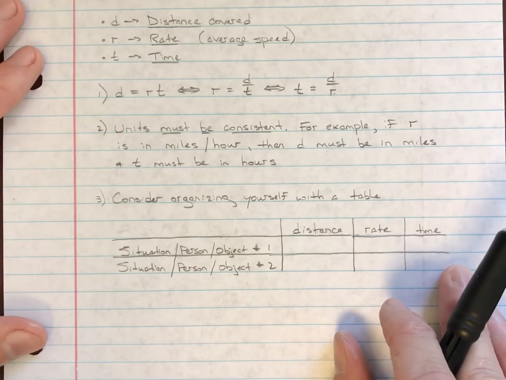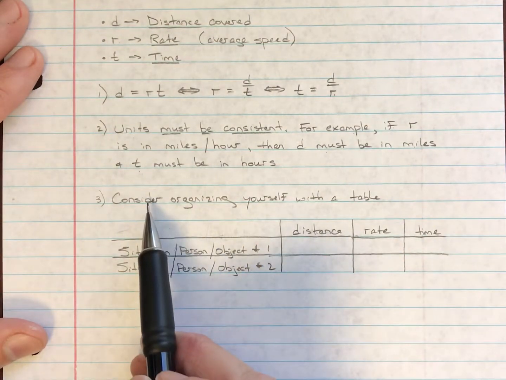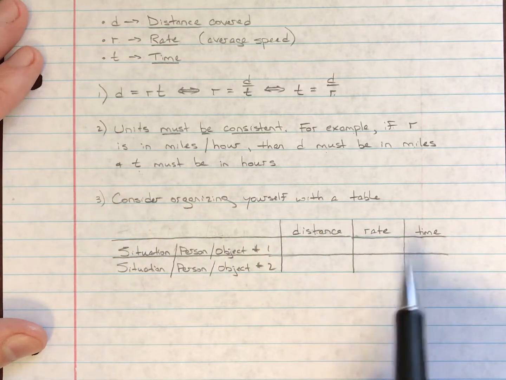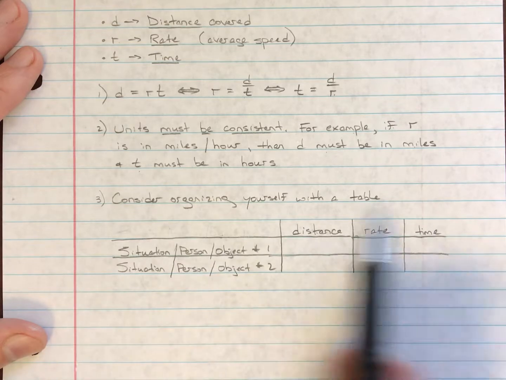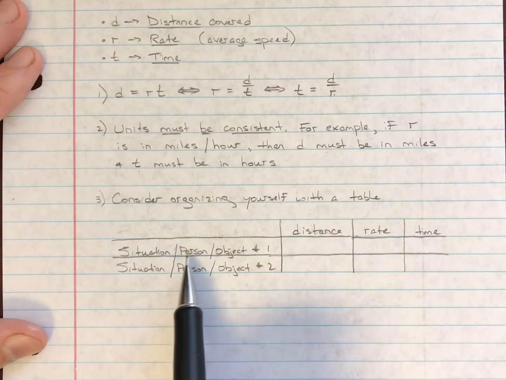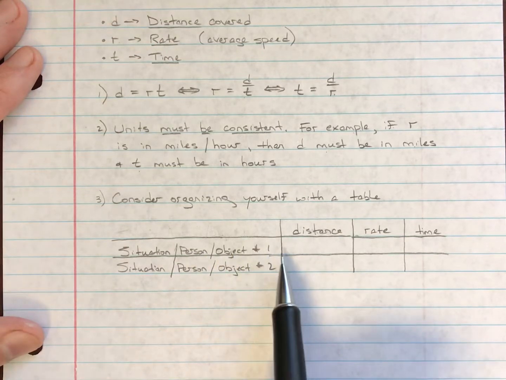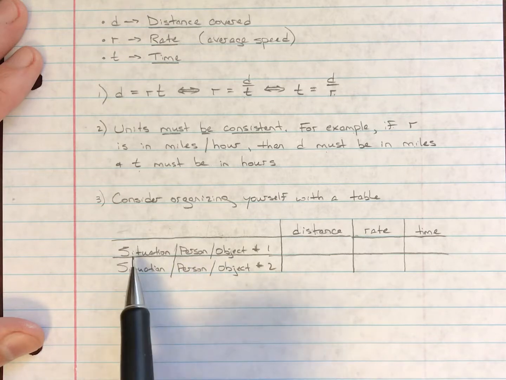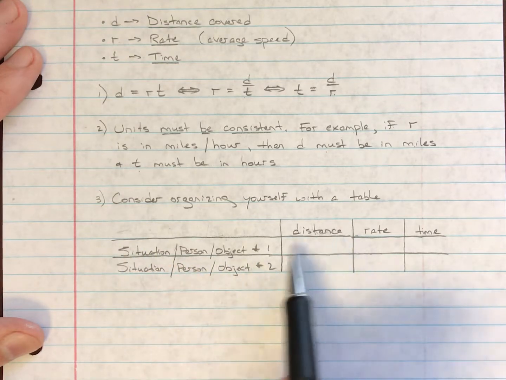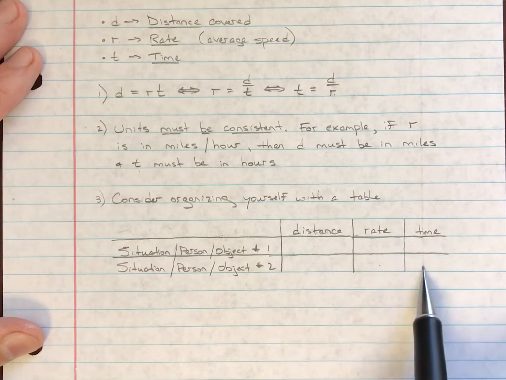And the third note for these kinds of problems is to seriously consider organizing yourself with a table. The table would look similar to this one, where you're going to have two situations, two people traveling, two objects traveling, two directions perhaps. Each of those has a line, and each of those is going to have a distance, a rate, and a time.